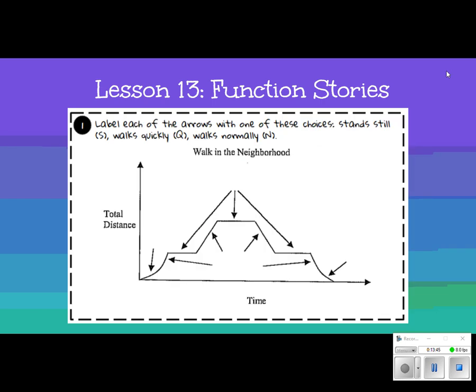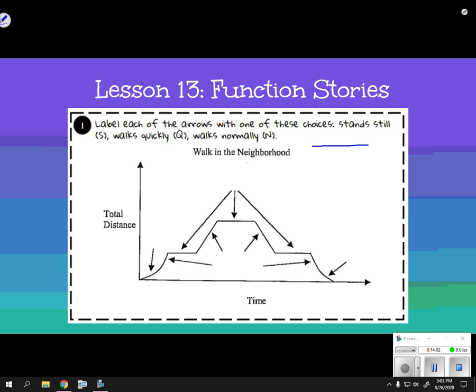All right, so let's get into our function stories. Most of our function stories are going to be continuous function stories, so that means they're going to have lines, and these lines are going to have steepness. Some of them are going to be nice and flat. If we have a line that's nice and flat, usually that means our independent variable is changing, our dependent variable is not.